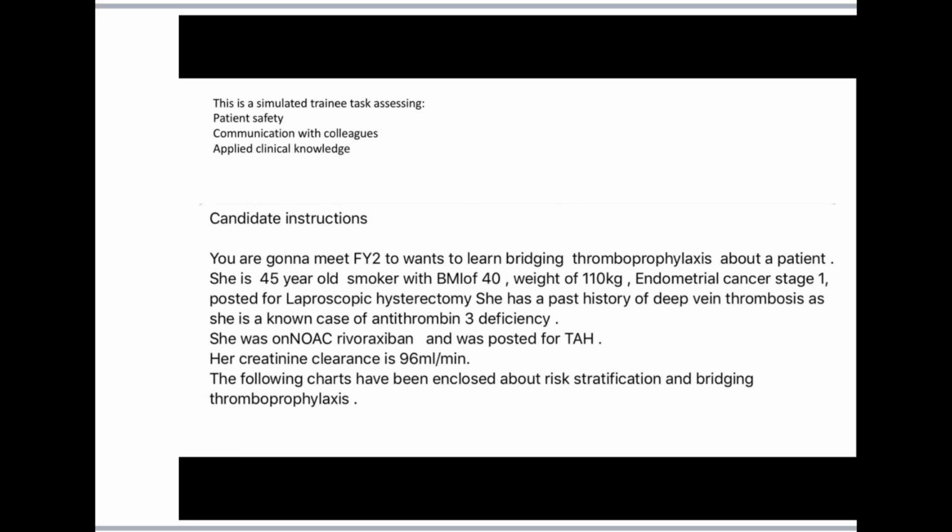What we need to do in the station, first of all, when you are outside the cubicle and you have a case like that, whatever the case, just write down in the notebook the age of the patient, the BMI, the weight. Every piece of information here will have a value in the chart.